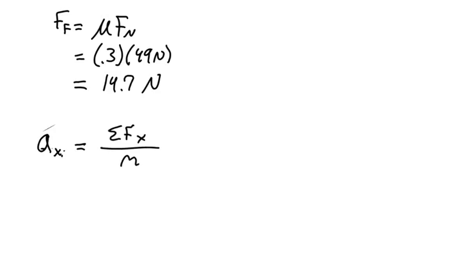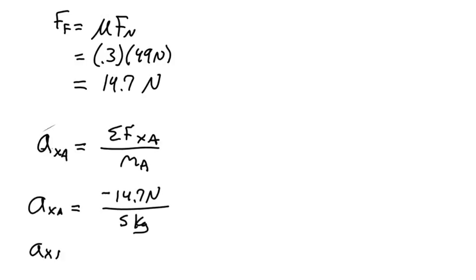I'm going to look at object A first, so I'll just add some A subscripts there to remind myself of that. Acceleration in the x direction for object A then is going to be 14.7 newtons. That was to the left, so I'll make that a negative. Divided by the mass of A, that was given as 5 kilograms. And so we get acceleration for object A is a negative 2.94 meters per second squared.